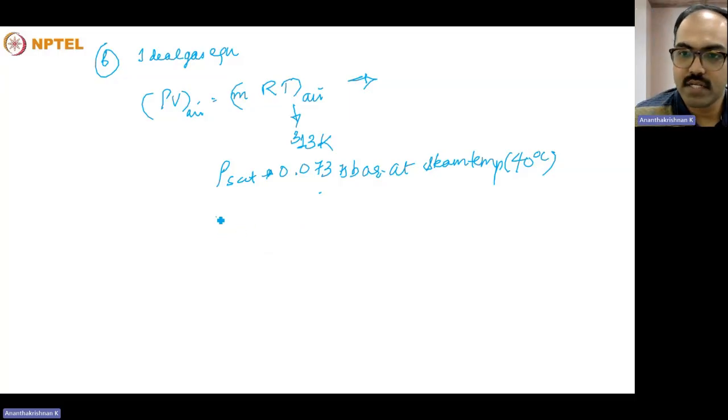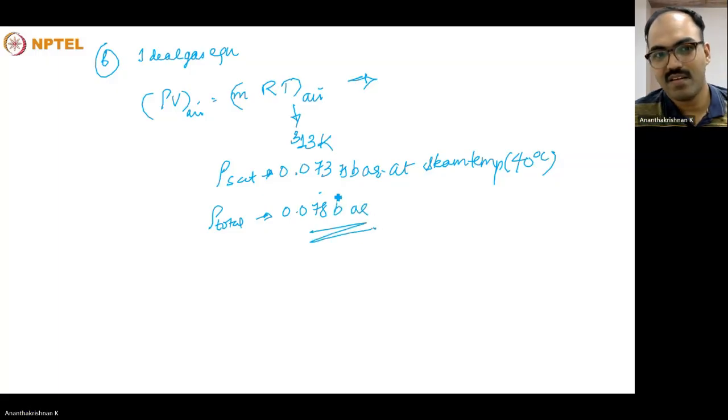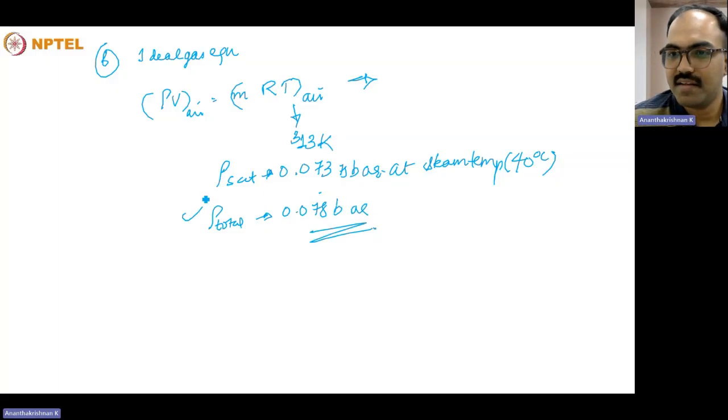Basically the total pressure is given as 0.078 bar, and the saturation pressure of the steam at 40 degrees Celsius is 0.073 bar. Therefore, the remaining pressure will be the pressure of air in the condenser.